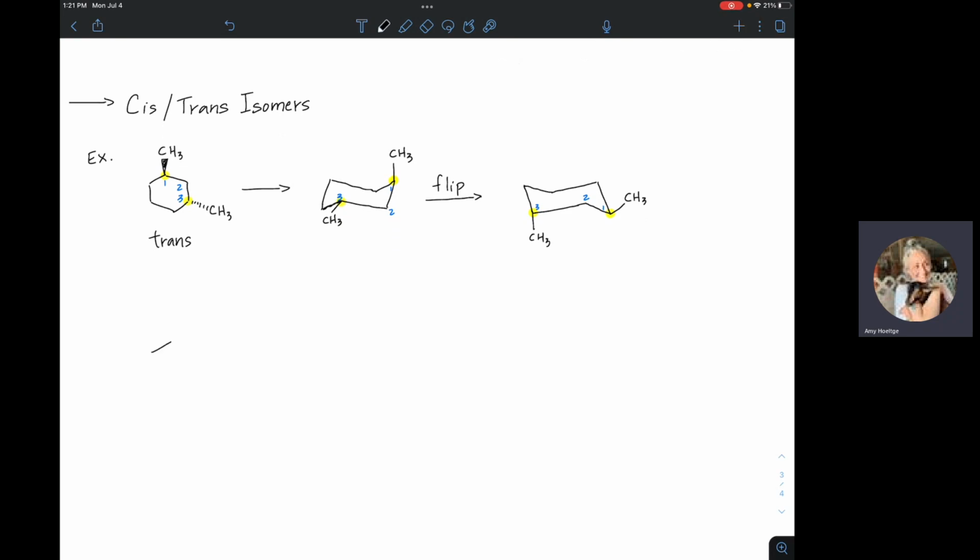So for example, if instead of methyl groups, I put something bigger on the ring, like a wedge here that says this is coming up at you, I'm going to exaggerate this, but when I draw it on the actual chair, I'll do a line bond structure. So you have a T-butyl group, and then in this position, we'll just stick another methyl group. The T-butyl group is obviously bigger, right?